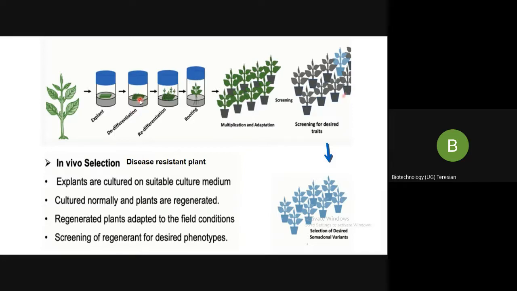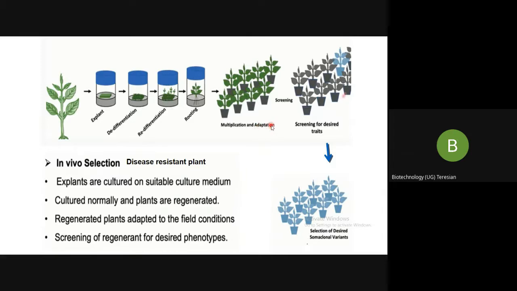Now it is ready to undergo the formation of organs. Then it will undergo redifferentiation. When it undergoes redifferentiation, shoots are produced. Then you develop the rooting, put it in the rooting media, and you develop the root. Then I will multiply this plant so that they can adapt to the environment. And now the plantlets will be ready for the transfer to the soil for hardening.